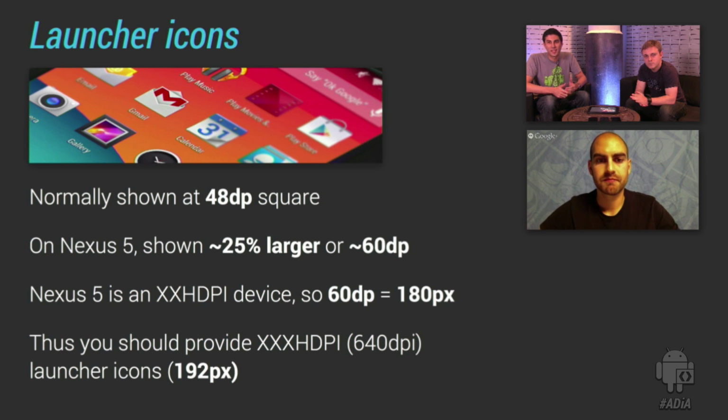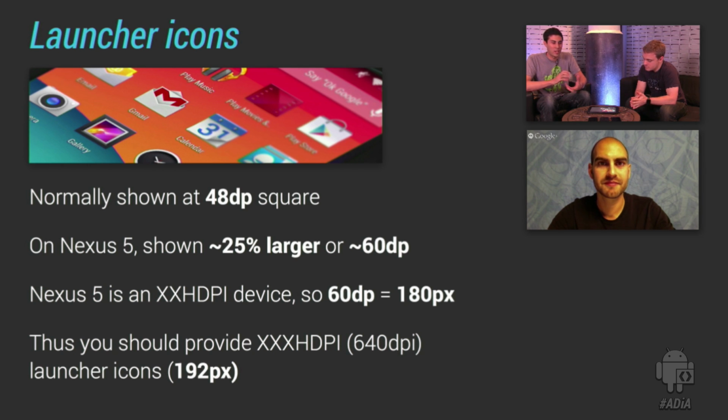Because Nexus 5 is an XXHDPI device, in order for the icons to show at their crispest, you really need to include an XXXHDPI or 640 DPI icon. Yes, we really just said that. The actual pixel size of that icon is 192 pixels, and this is somewhat similar to how tablets behaved previously with their launcher.